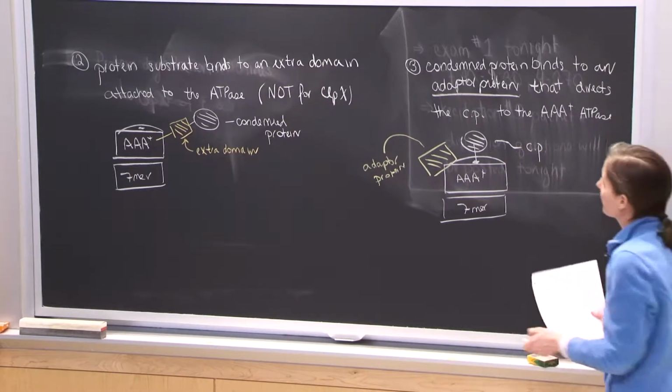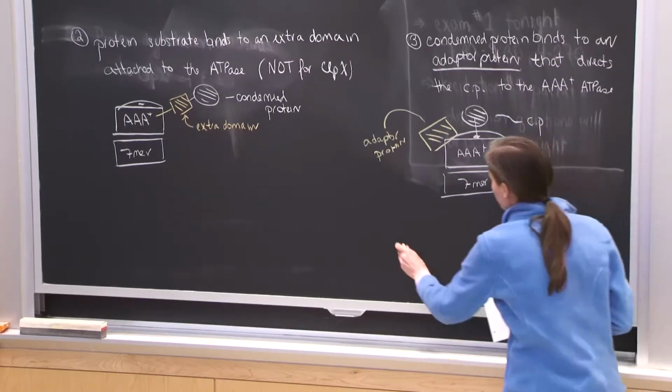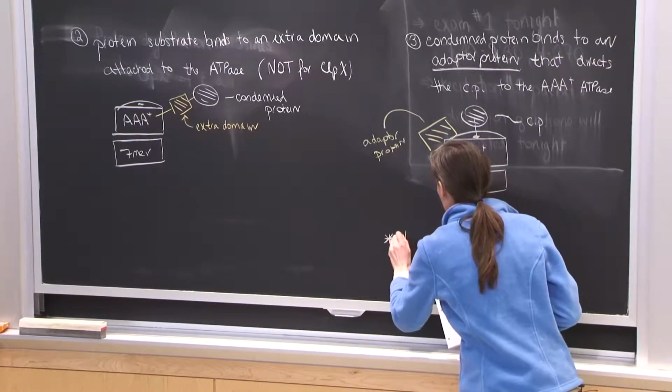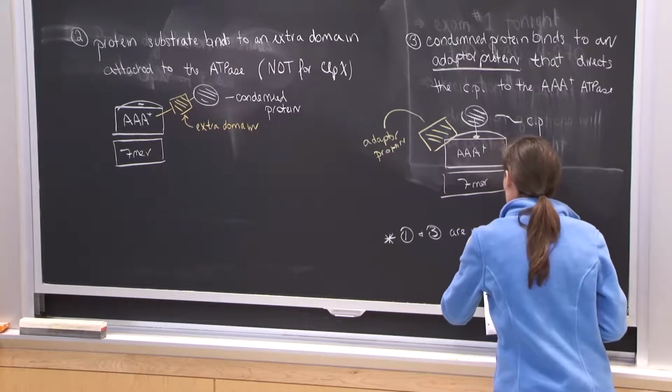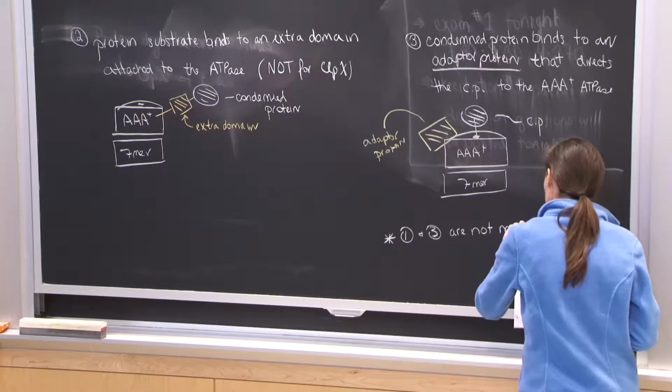Something to keep in mind, and what we'll see with ClpXP, is that 1 and 3 are not mutually exclusive.